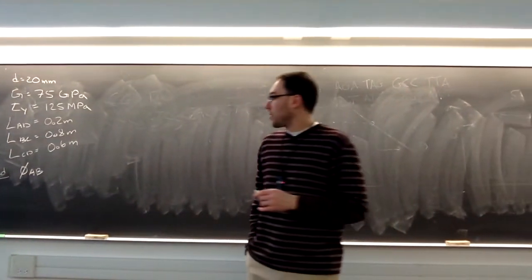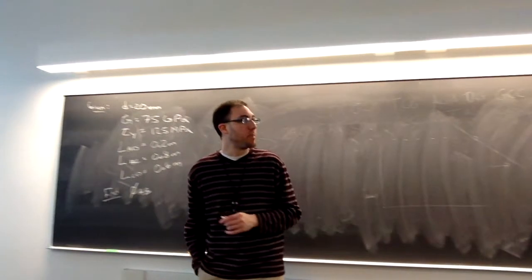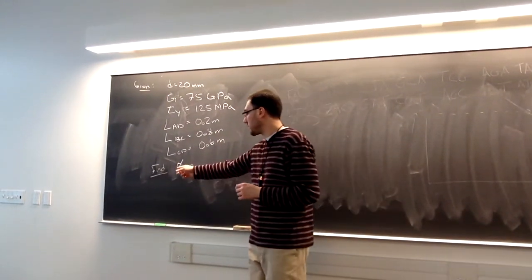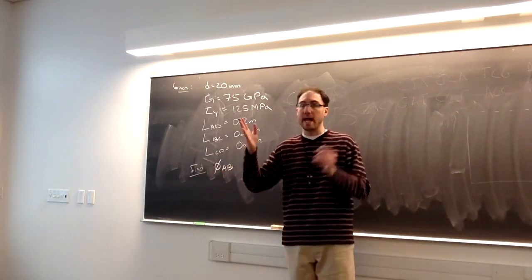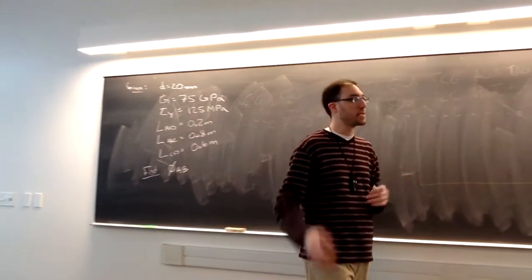And we want to know the total angle of twist of point B, which I can also refer to as the twist between A and B, since A does not move and B is free to twist.